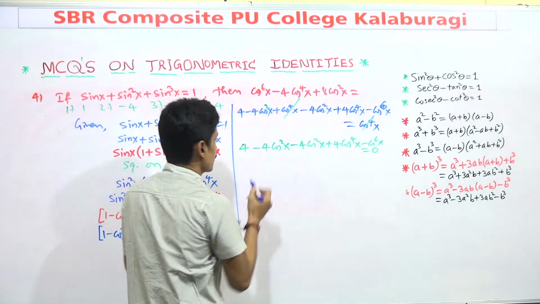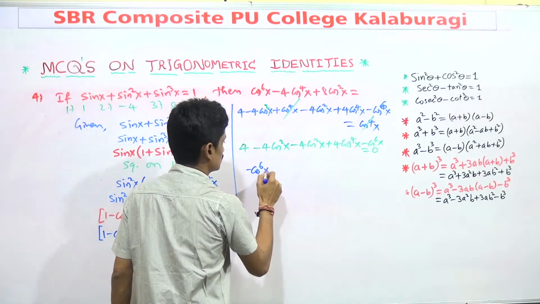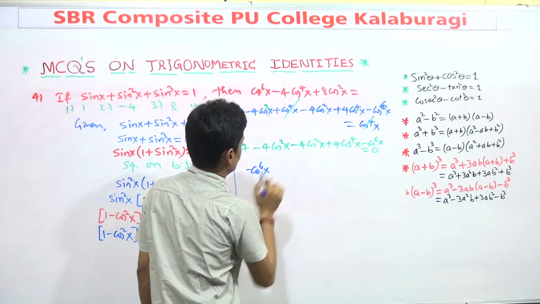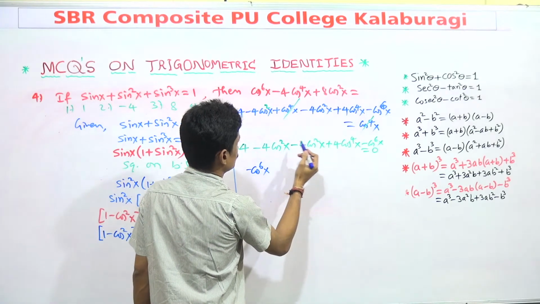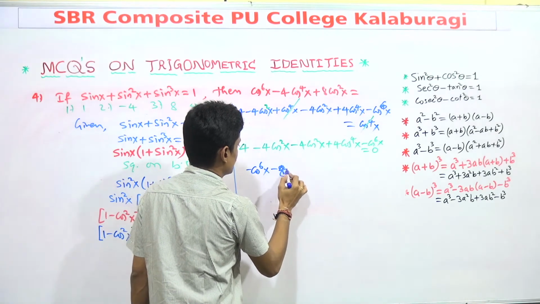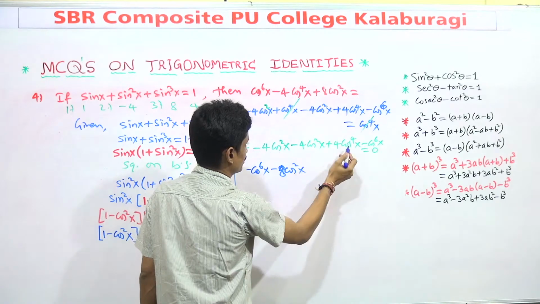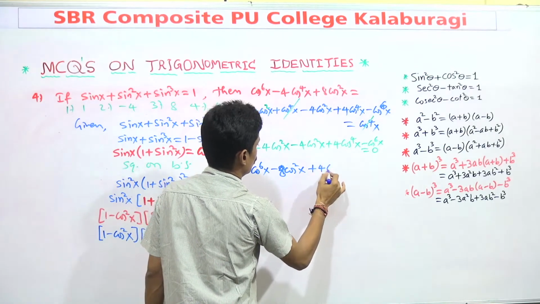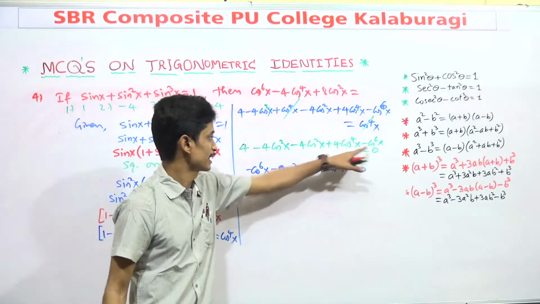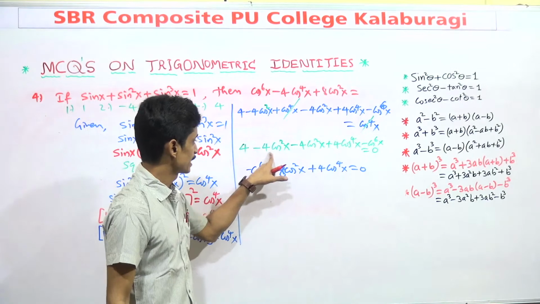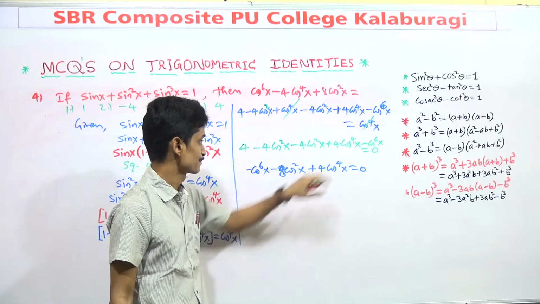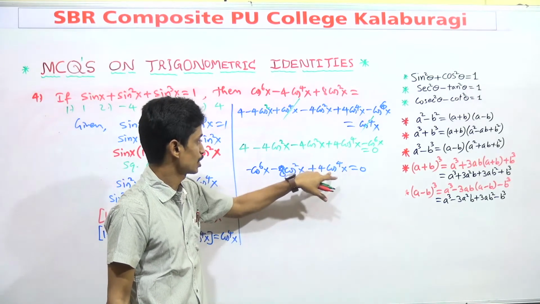That will be minus cos power 6x, minus 4 cos square x minus 4 cos square x, it will be minus 8 times cos square x, plus 4 cos power 4x equal to 0. I repeat, minus cos power 6x, minus 4 same term, if we add it means minus 8 cos square x, and remaining 4 cos power 4x.